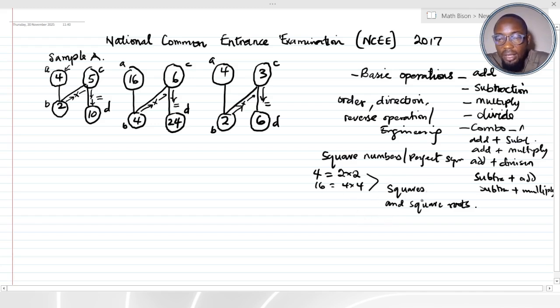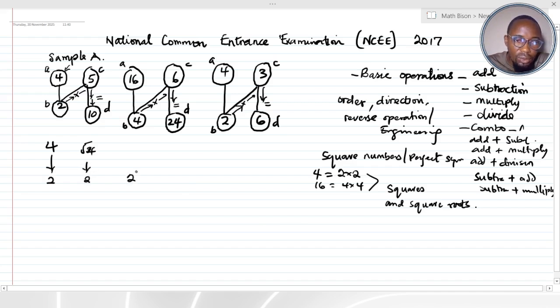So here we have squares and we have square roots. In mathematical operation, squares take you right ways, and to come back to the left, you do square roots. If you start with square roots to take you to the right, if you're coming back to the left, you use what? Squares. It is the reverse operation. Now, if we have 4 that is taking us to 2, it means that the square root of 4 will give us what? 2.